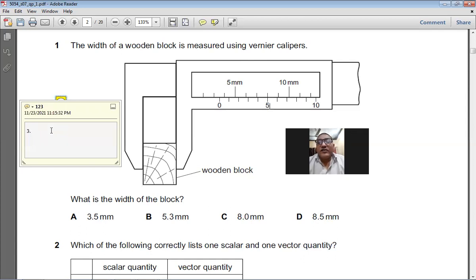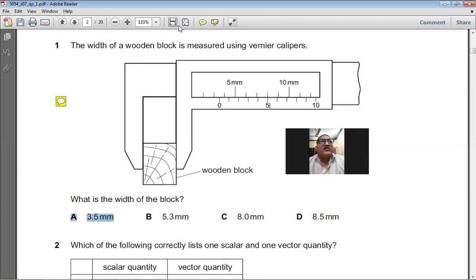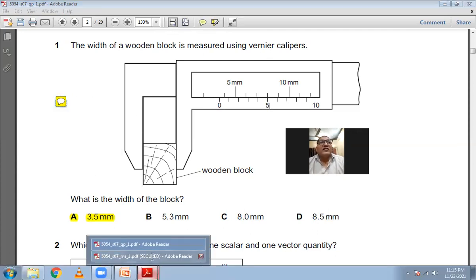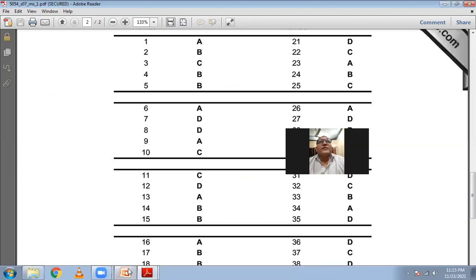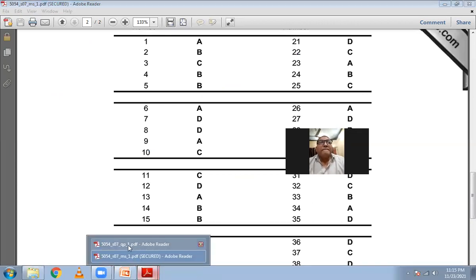So it will be 3.5 millimeter. So the reading is 3.5 millimeter. So the choice is A, 3.5 millimeter. So let's check. Question number 1, A is the choice. Yeah.